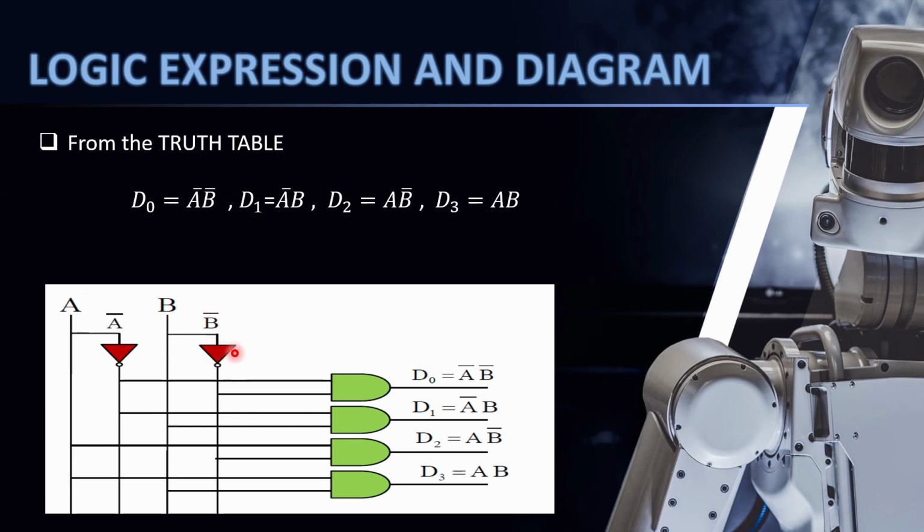And we have four AND gates here, used to multiply two inputs. D0 is taken from A bar and B bar, D1 from A bar and B, D2 from A and B bar, and D3 from A and B. Hence we have 2 inputs and 4 output combinations here.